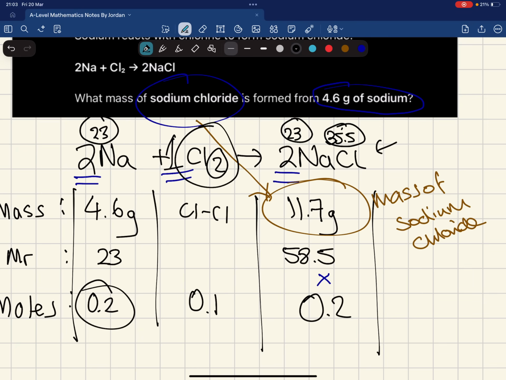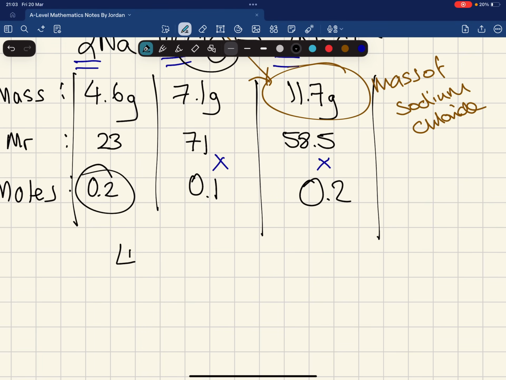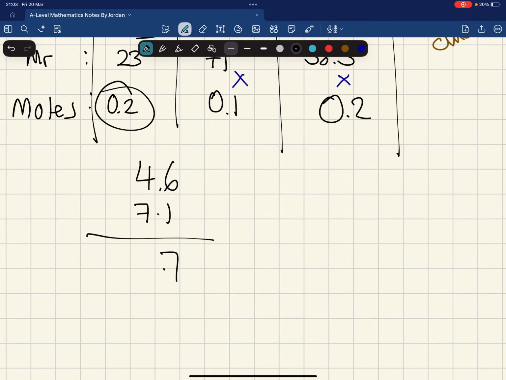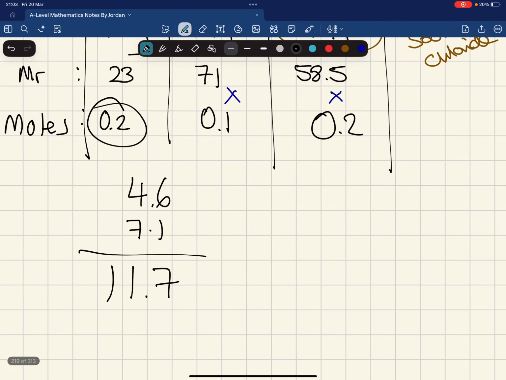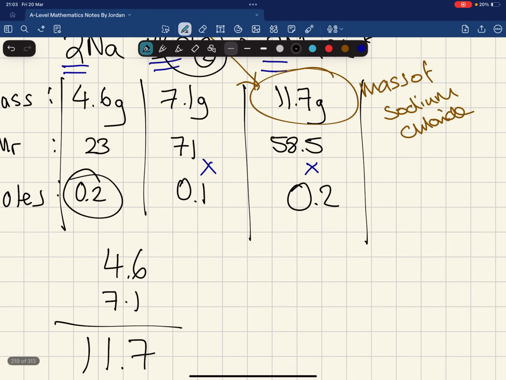So that's 2 35.5s, which gives me 71. And if I multiply these, just like dividing 71 by 10, which gives me 7.1 grams. And if I finally add those, you should find it gives me 11.7.